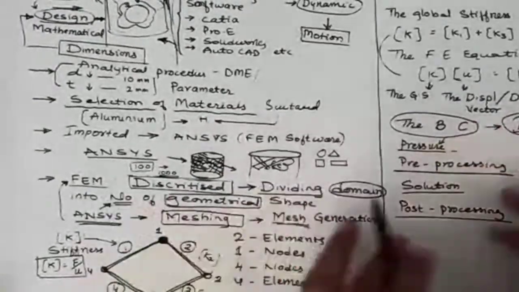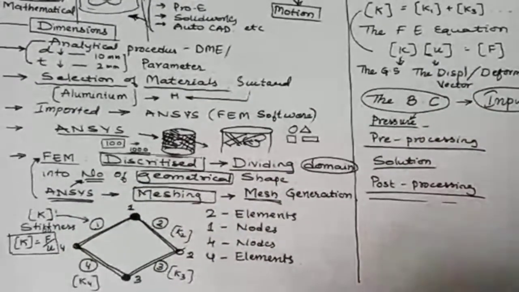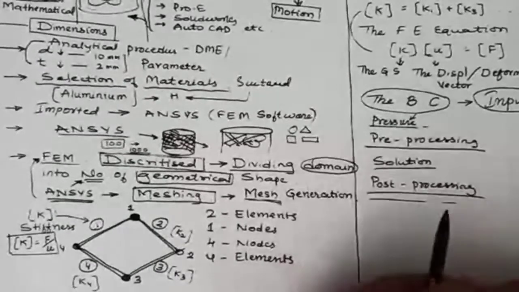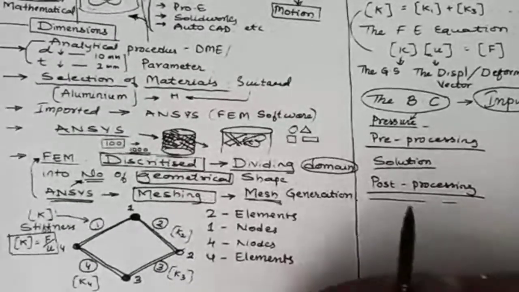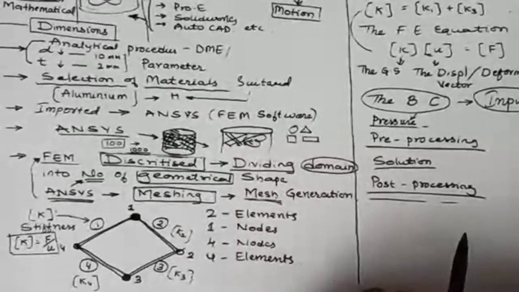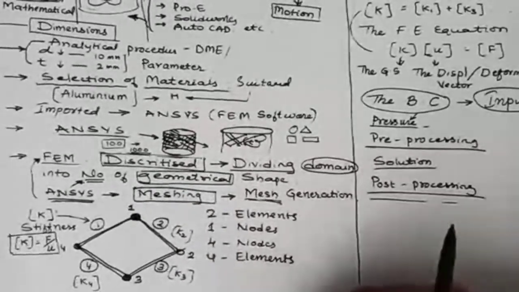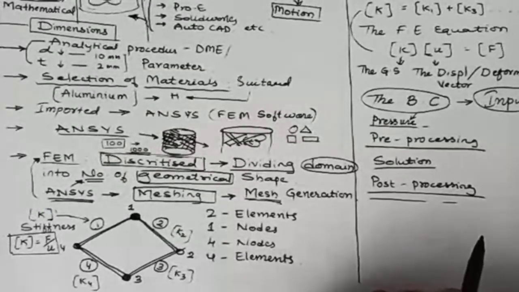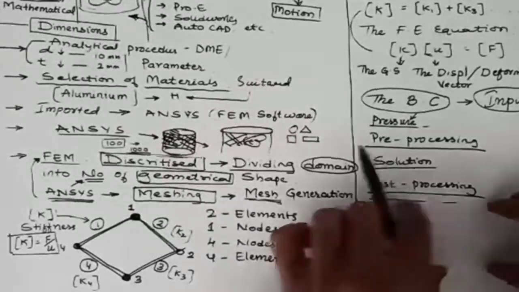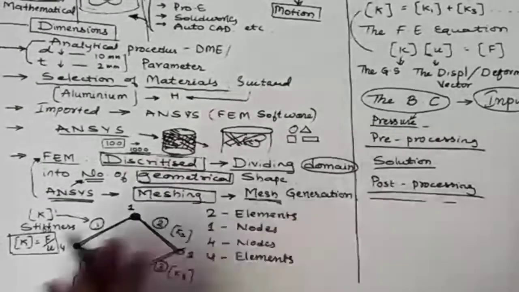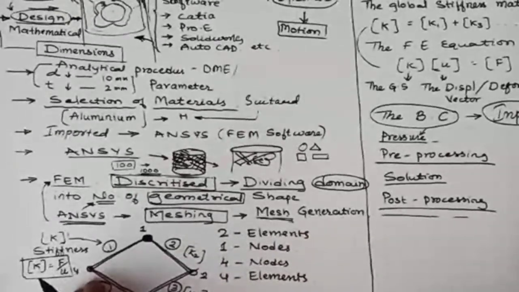Whatever output you want, structural, thermal, fluid flow, acoustic, hydraulic, or nowadays computational fluid dynamics, all the results can be plotted in post-processing. So this is the process of the finite element method.